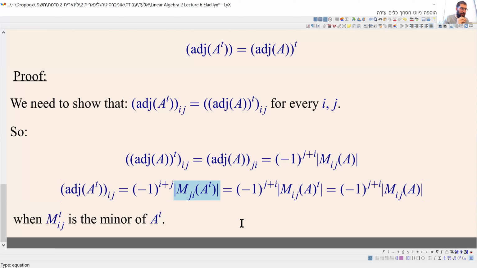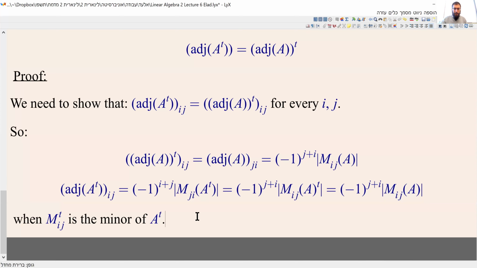And now for my point, the ji minor of A transpose is the ij minor of A, just transposed. And using the property of determinant, we can send the transpose away. It's the same determinant. Any other questions?